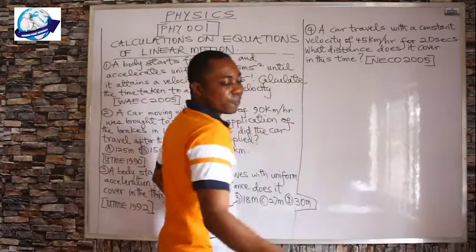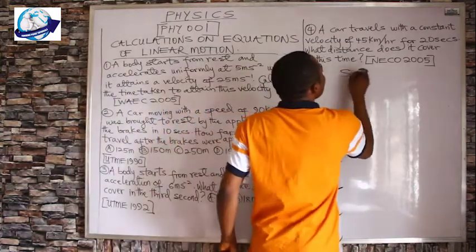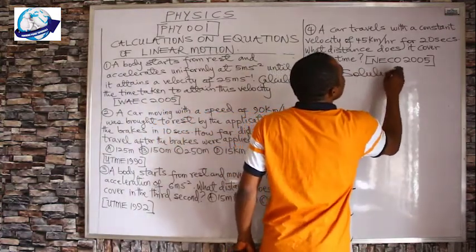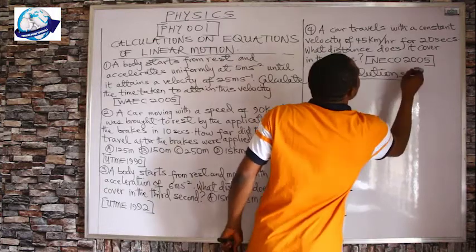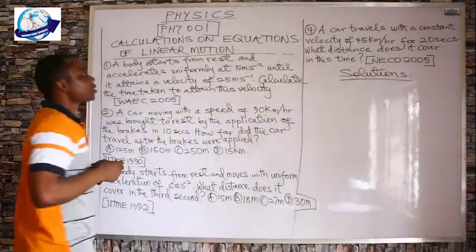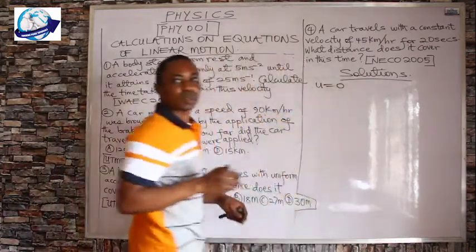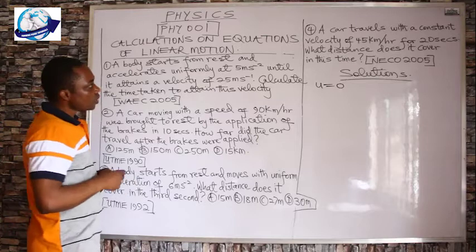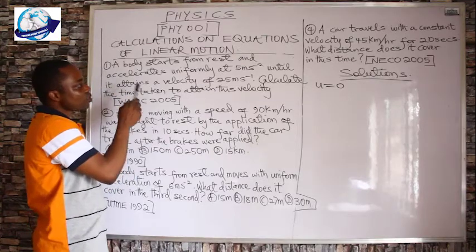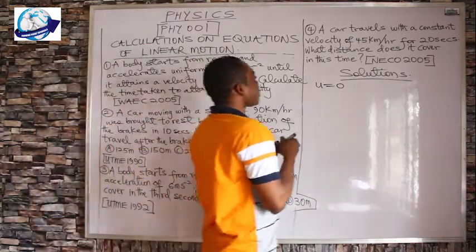Let's start now from the very first one here. Start by writing down the parameters. Let's see the solutions. A body starts from rest. That means u is equal to 0. That's one of the parameters. And accelerates uniformly at 5 meters per second square.